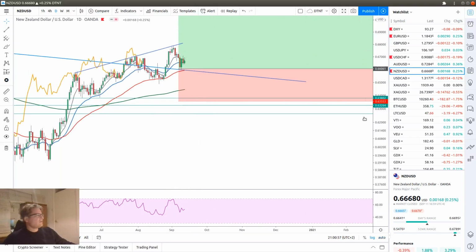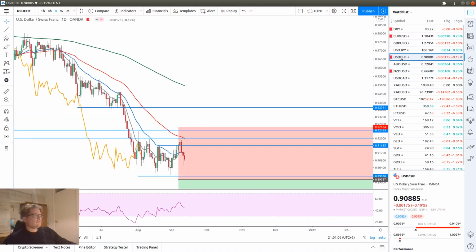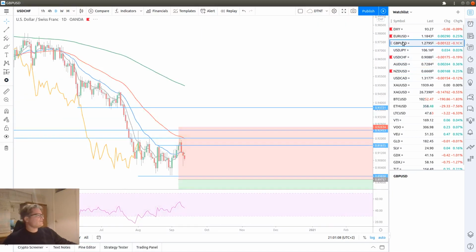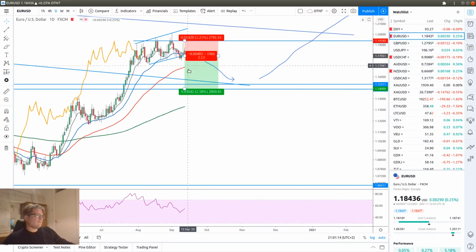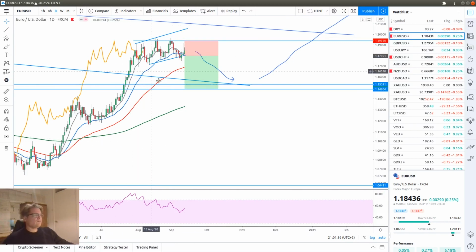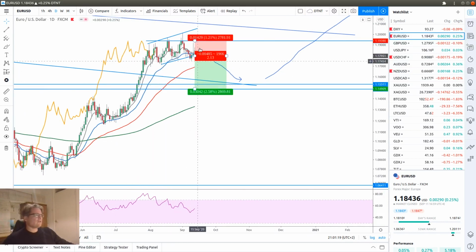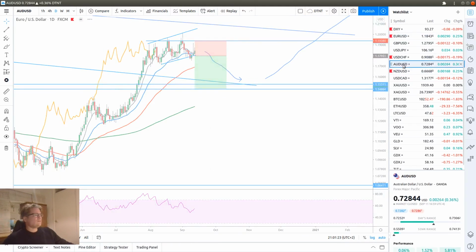This is actually counter to my other trades that I have on the AUDUSD and the, no, not Swiss franc, which one was it? The EURUSD. But these currency pairs have a little bit more room to go to the downside, so there's a nice short trade in these ones.